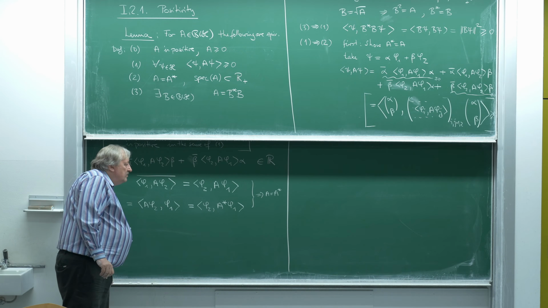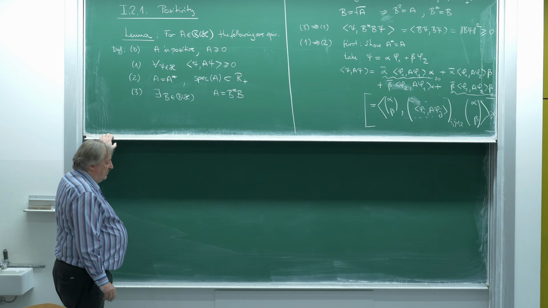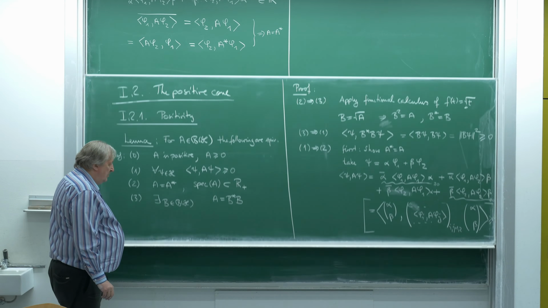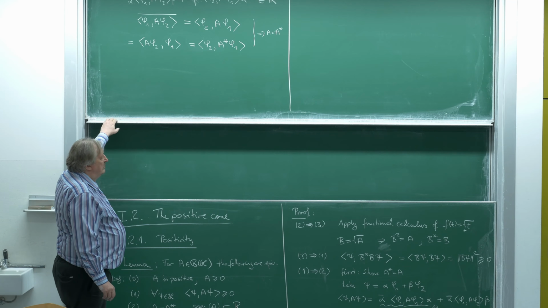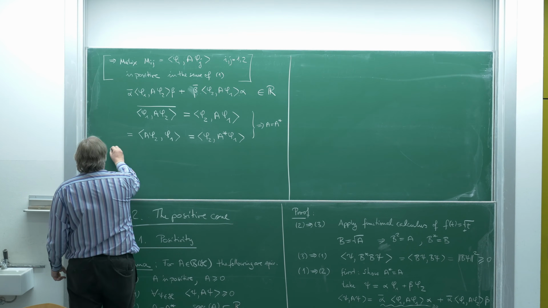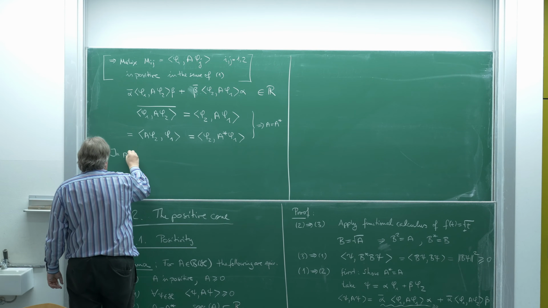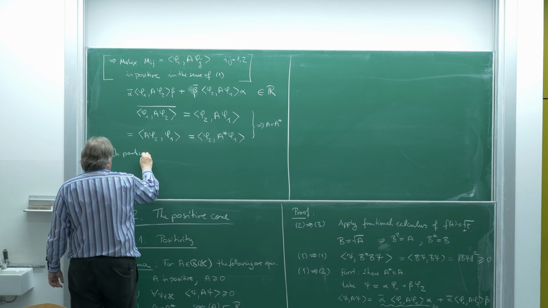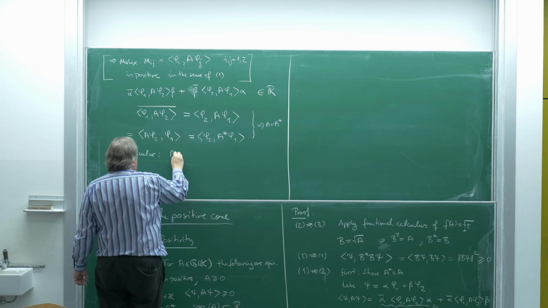So in particular, we've shown that A is Hermitian. So in particular, A is normal.